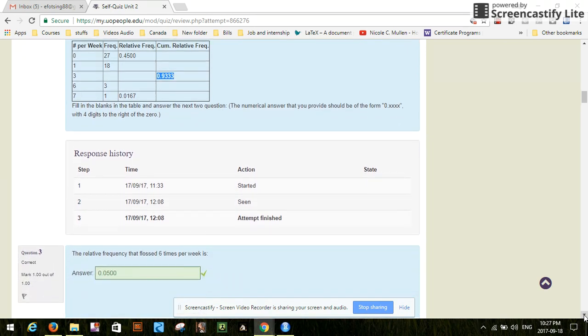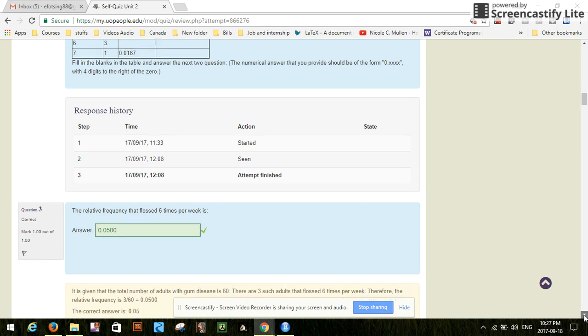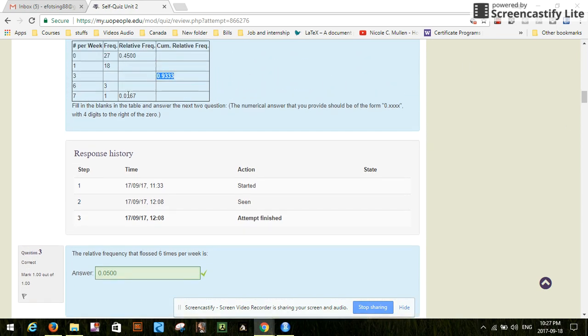So let's see what the question is asking. What is the relative frequency that flossed 6 times per week? So for 6 times per week, we have 3, which is the frequency of adults who floss 6 times per week before the diagnosis.